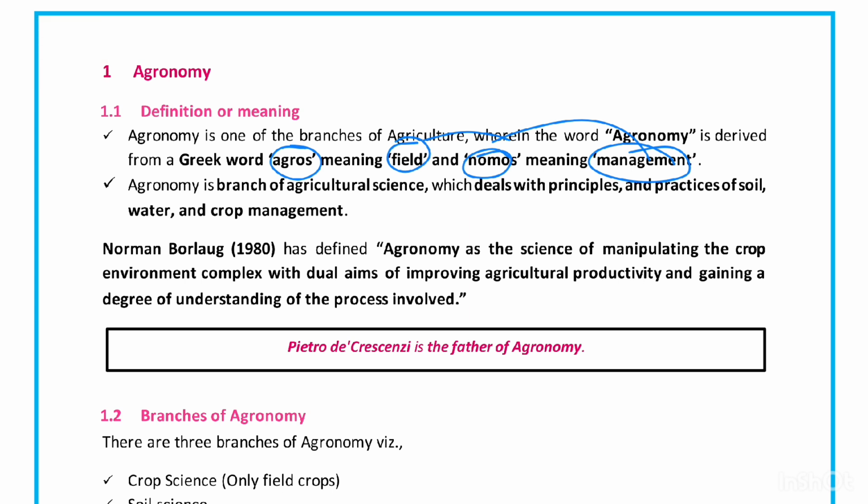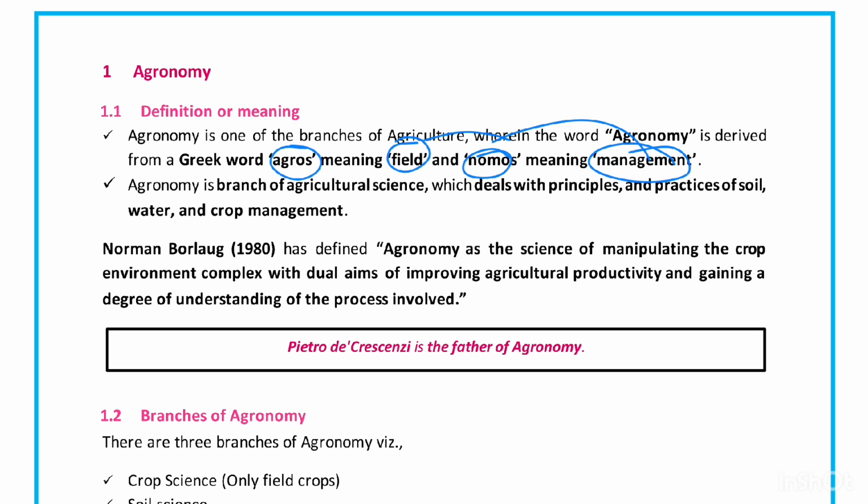Students, it is very important to remember the origin of the term agronomy, that is the Greek language, as well as the meaning of agros, that is field, and the meaning of nomos, that is management. Now let us see the actual definition of agronomy.